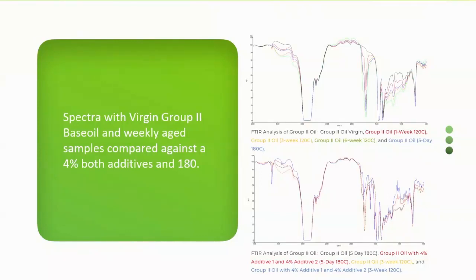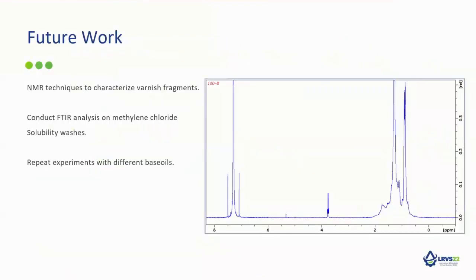So what does this actually tell us? The short answer is the additives are doing their jobs. At this point, we have answered many questions, but we have also created more questions that need to be answered. Moving forward, our course of action will be to do several things. The first is to use NMR techniques to characterize varnish fragments. Also, these same fragments will have FTIR analysis conducted on the methylene chloride rinses from the glass, coil, and mushroom condenser.